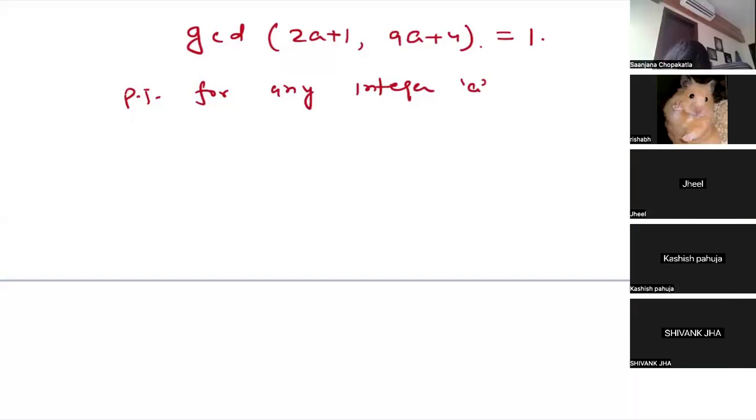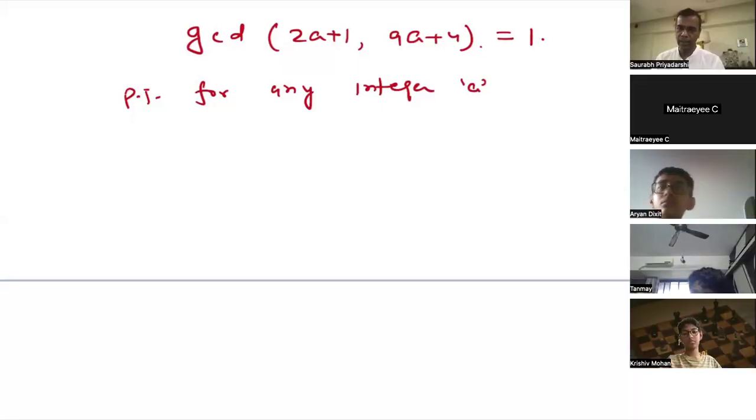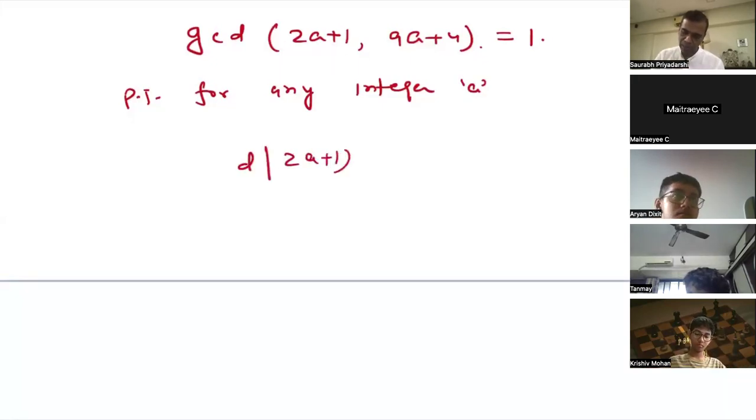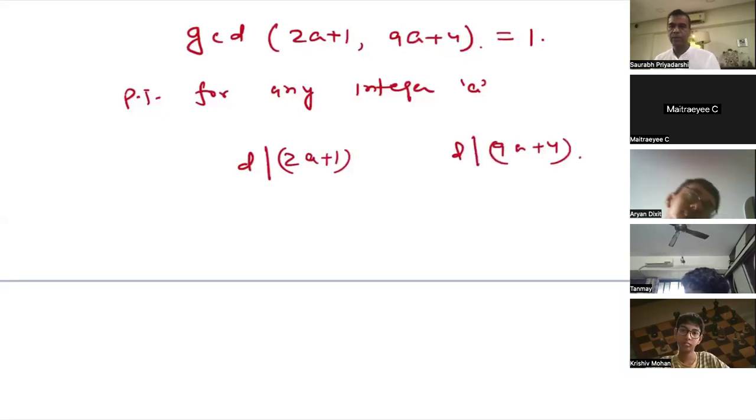See, the GCD, right? GCD means the common factor of both of these, right? So can I say this: let D divide 2a plus 1 and let D also divide 9a plus 4. If D is the GCD of both the numbers, and D divides 2a plus 1, D must divide 9a plus 4. So it must divide both of these, right? And D is not a factor of 2 and D is not a factor of 9.